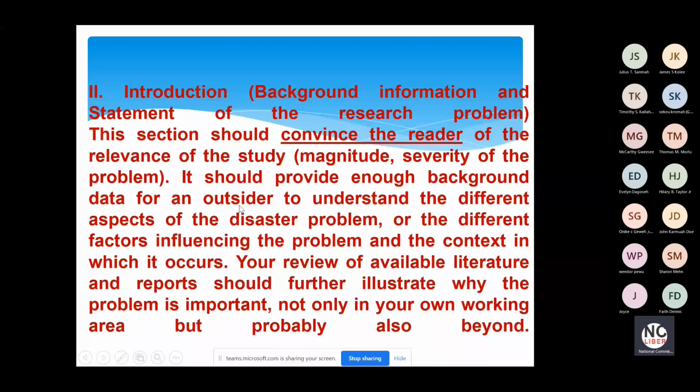In the same introduction, you should be able to give enough background data. You can give a global picture of the problem. You can give a regional picture of the problem. You can give a national picture of the problem. So for the global picture, you'll be discussing what the figures are, what the data about that problem is globally.